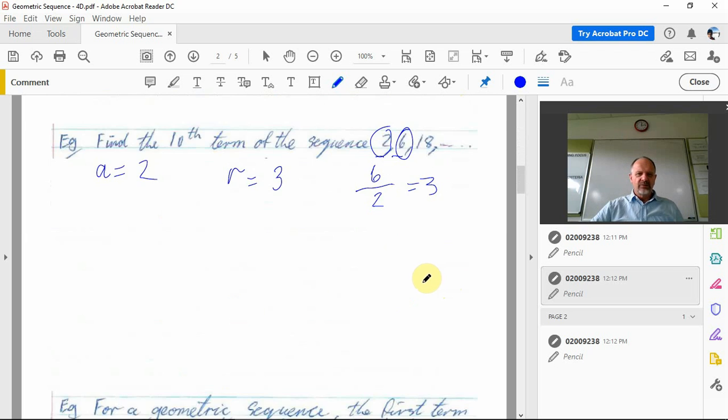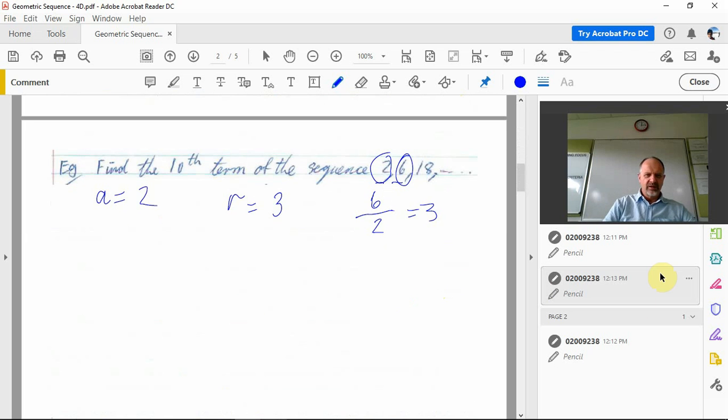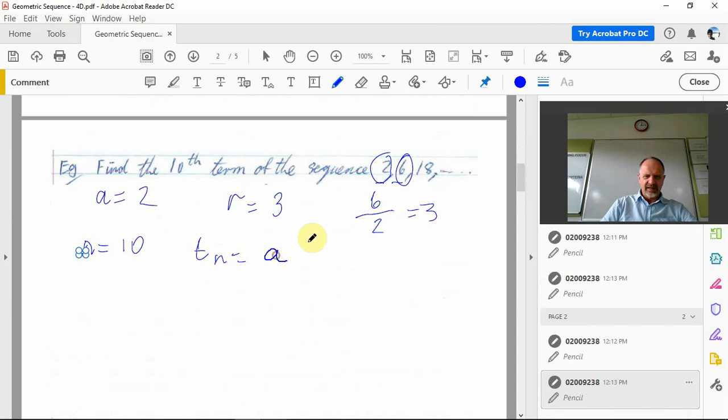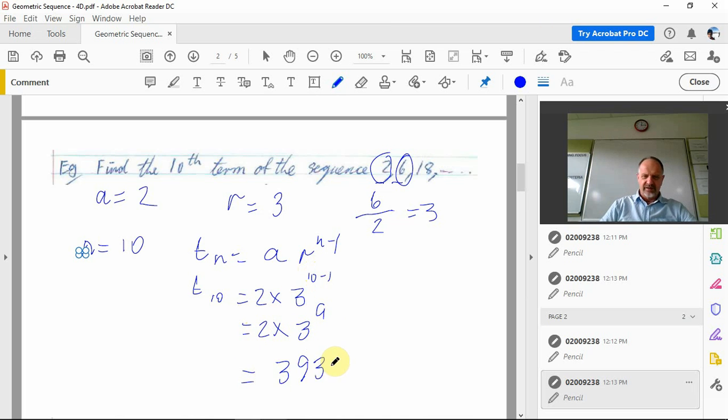Now we've got our ratio, and we know n equals 10, and term n is a r to the n minus 1, so term 10 is 2 times 3 to the 10 minus 1, which is 2 times 3 to the 9. That's a calculator job, and you get 39366.